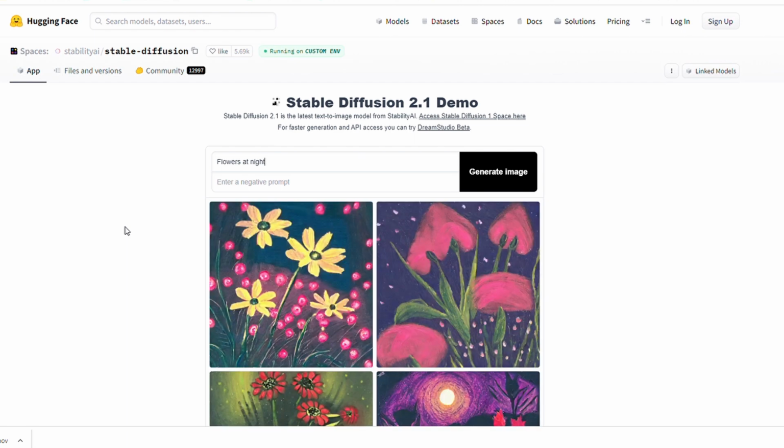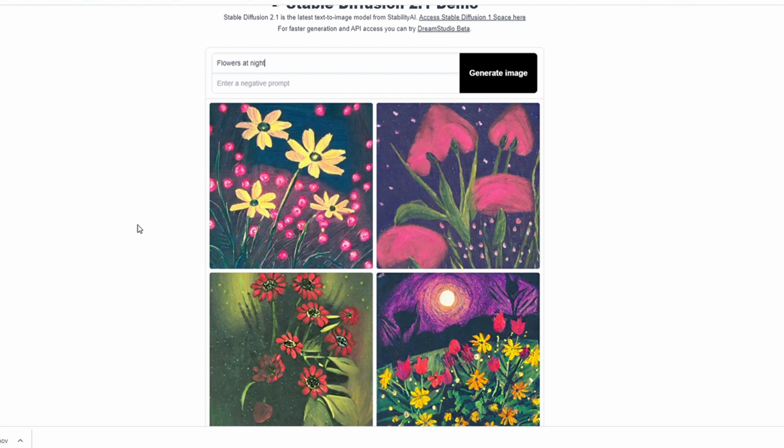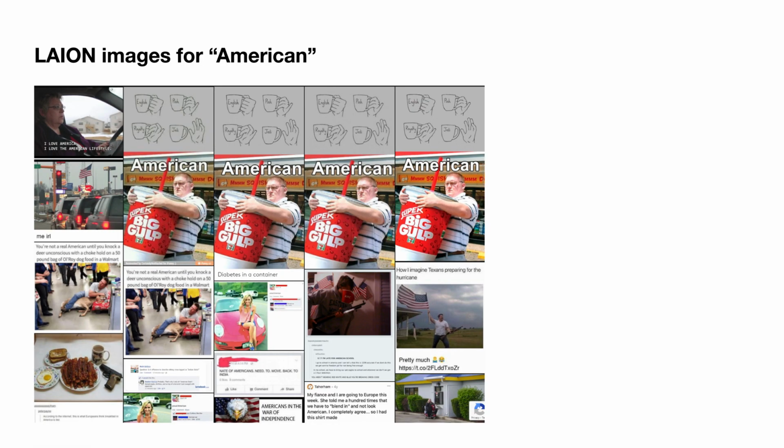Now, the problem with this approach is that the internet is written by people, and people are not always kind, and people are not always accurate. And LAION has a lot of problematic representations in the dataset, including stereotyping, violence, and pornographic imagery.